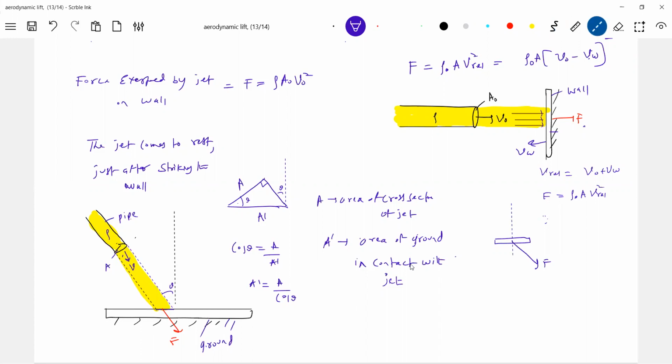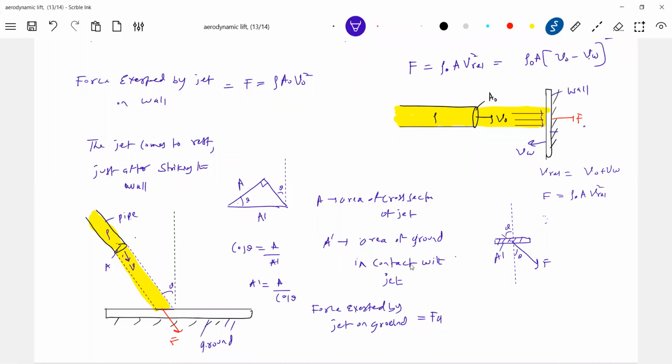So we'll resolve this force. This should be the theta. This is theta, no? So we'll get two components of force, and this is A dash. So F cos theta is the net force acting on the ground. Force exerted by the jet on the ground, I'll write it as Fg.